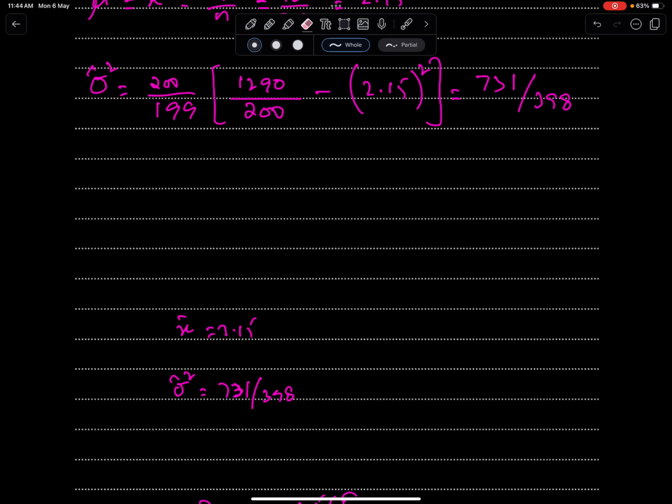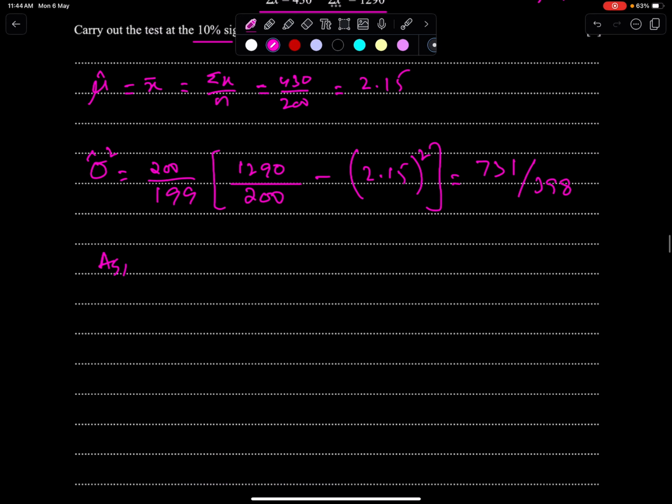Now we need the Z test. Since the population variance is unknown and the sample size is large, as n is 200, that is large, this is the application of CLT, the central limit theorem.